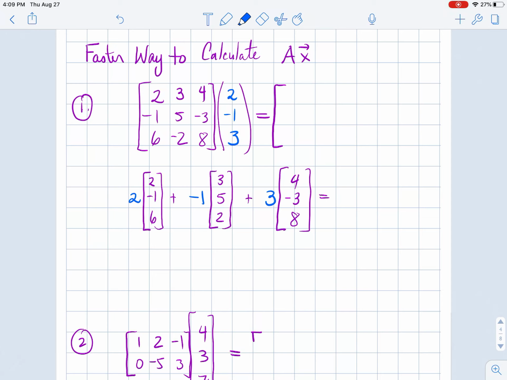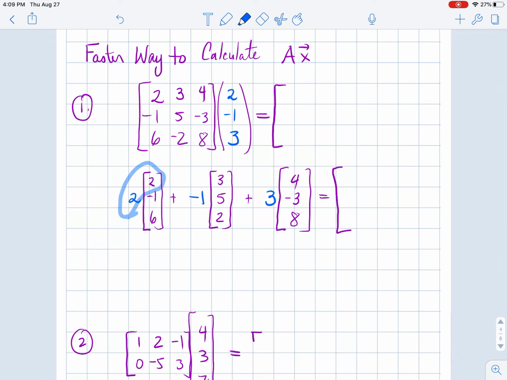So what does this 2 wind up getting multiplied by? Well, that 2 is going to get multiplied by those things there. And what about the -1? The -1 is going to get multiplied by the middle stuff, and the 3 is going to get multiplied by the last column. If we go across, what's going to wind up in the top row of our answer?